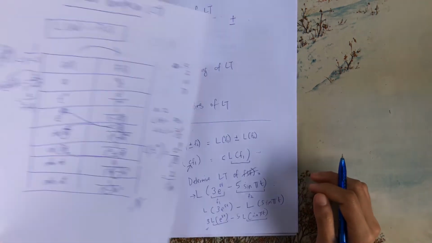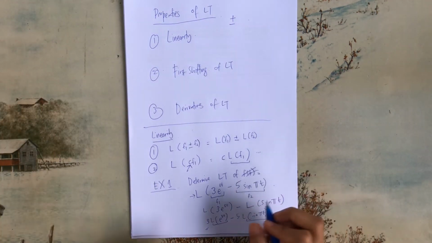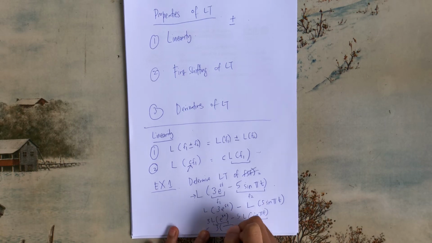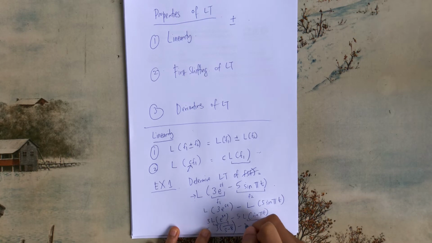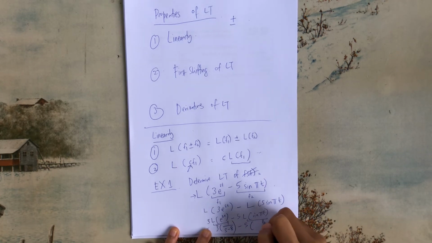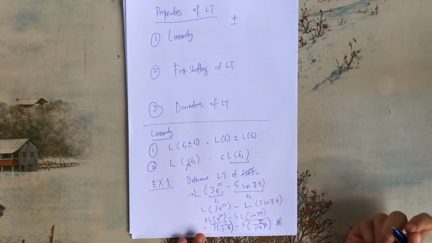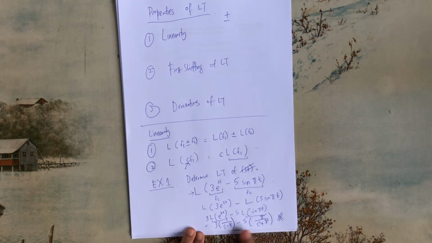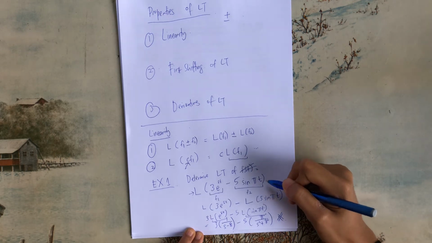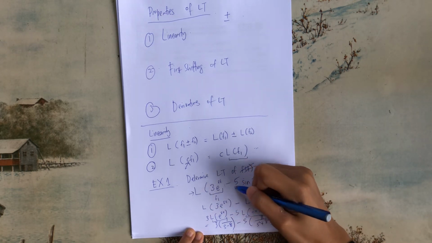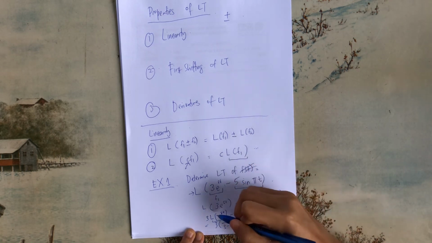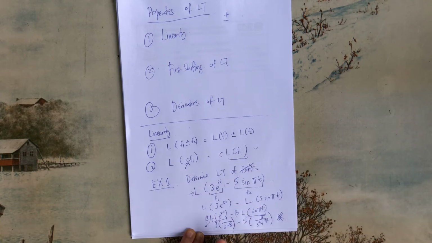The exponential gives 1 over s minus 8, and sine gives pi over s squared plus pi squared. So this is the final answer. You apply the linearity, the first one which is plus and minus, and the second one which is scalar multiplication.